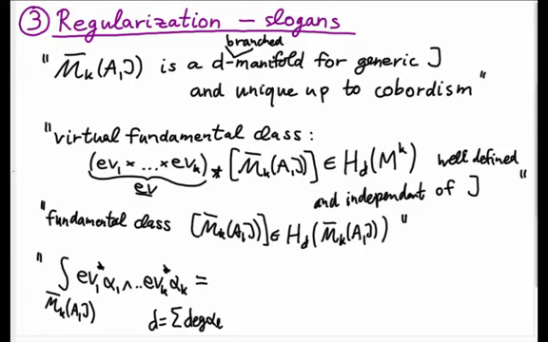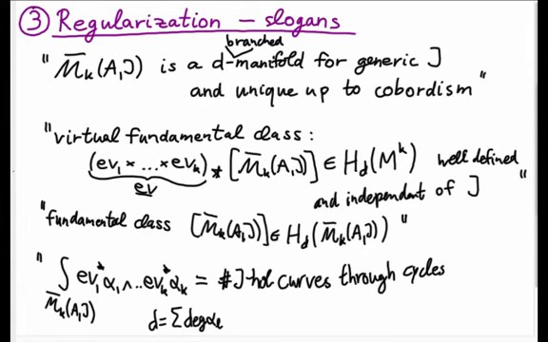So if we can make sense of all of this, then this should be the number of J-holomorphic curves that go through cycles that are represented by the Poincaré duals of these homology classes.